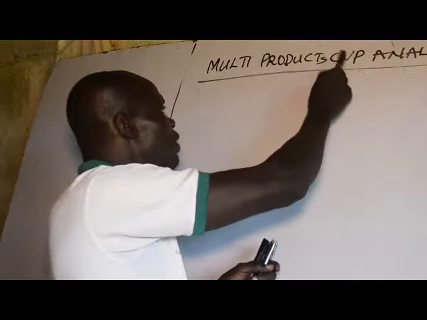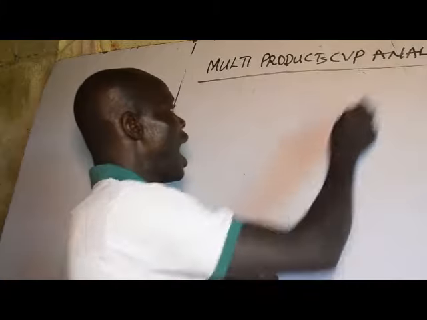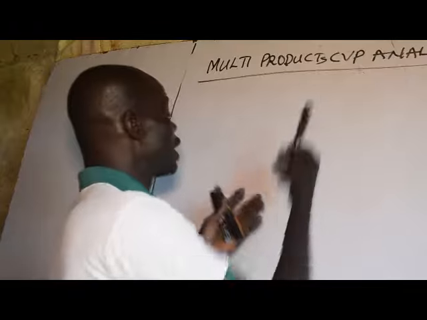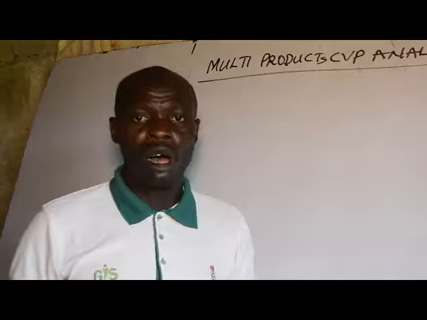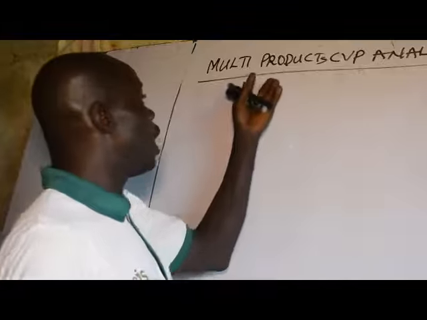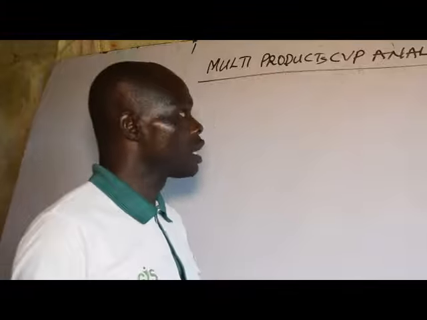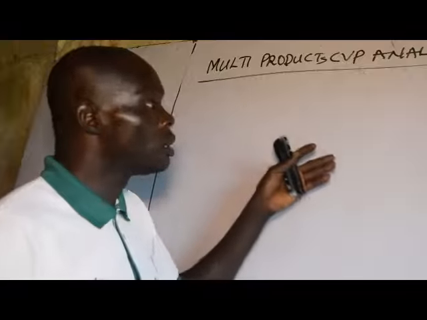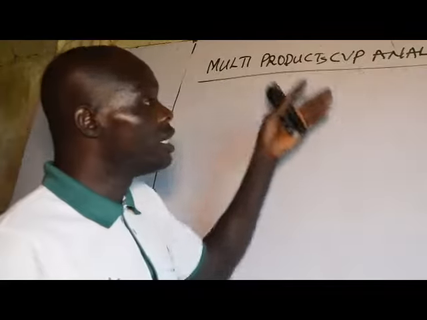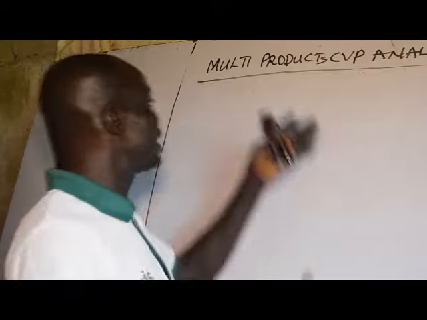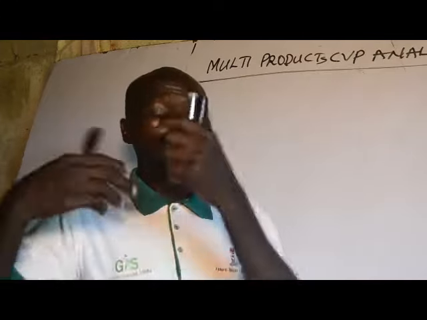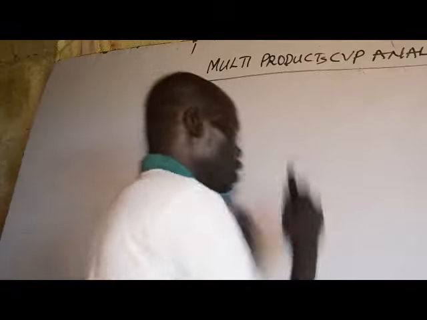CVP means cost volume profit analysis, that is break-even analysis. This is the part 2 of my presentation on this topic. In part 1, I've examined the break-even point for the company that is making and selling a single product.